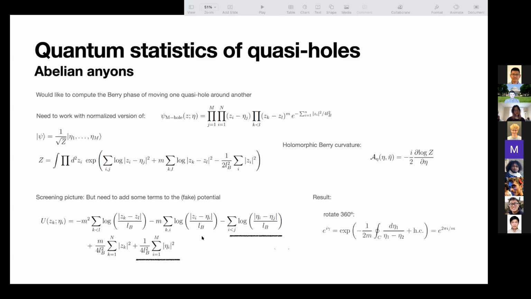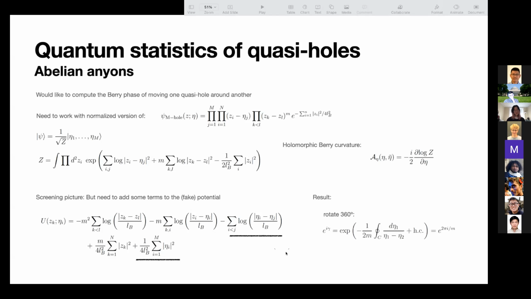So if the total system is neutral, then it doesn't matter where I put those defects. They will be screened.